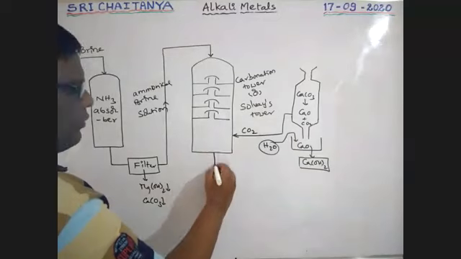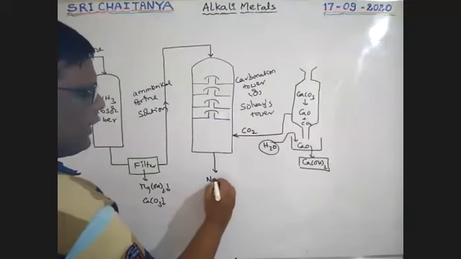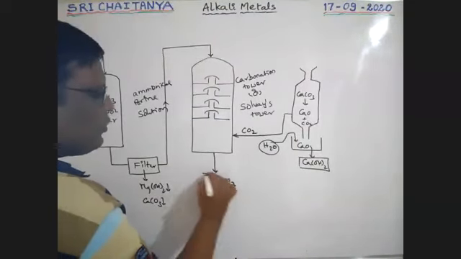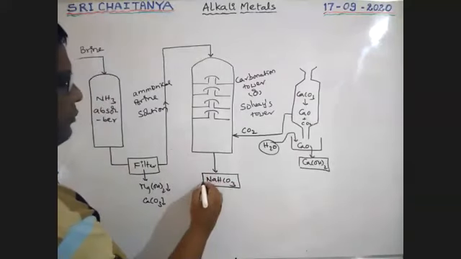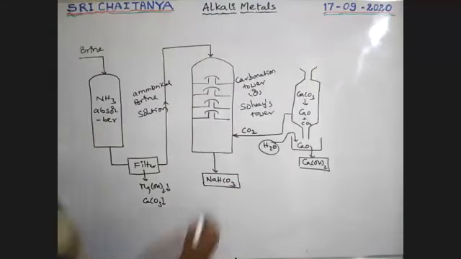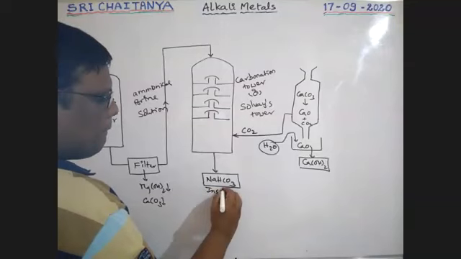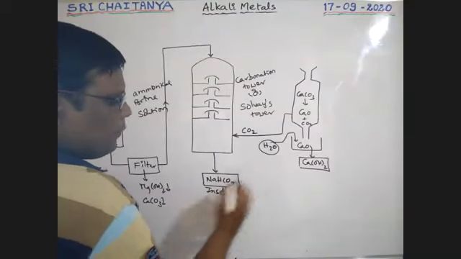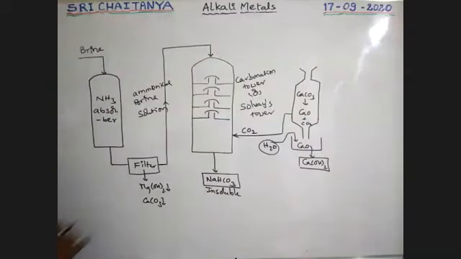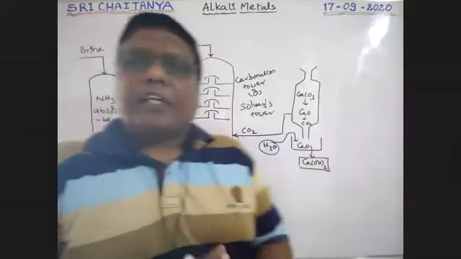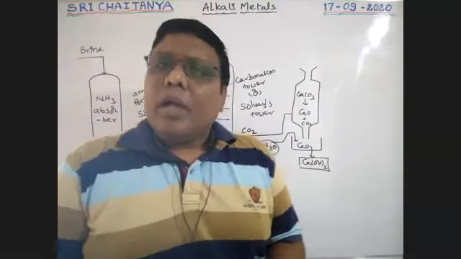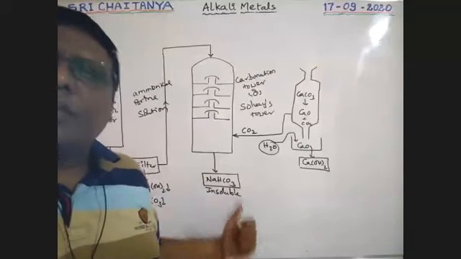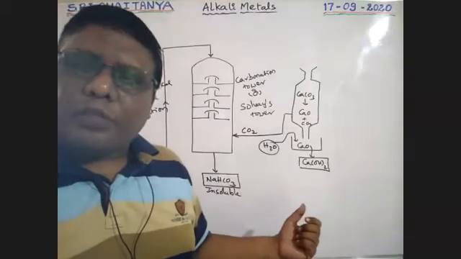Finally, what comes out is NaHCO3, sodium bicarbonate, which is insoluble, so it is precipitated out and separated. But some unreacted ammonia NH3, NaCl, sodium chloride, and some dissolved sodium bicarbonate, because it is sparingly soluble, are all available.